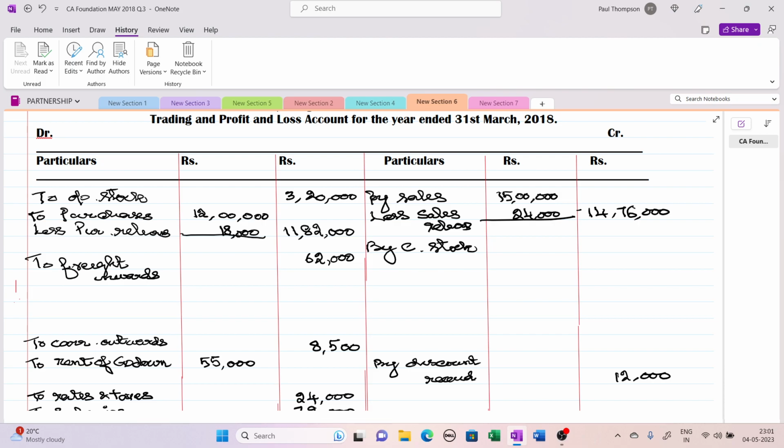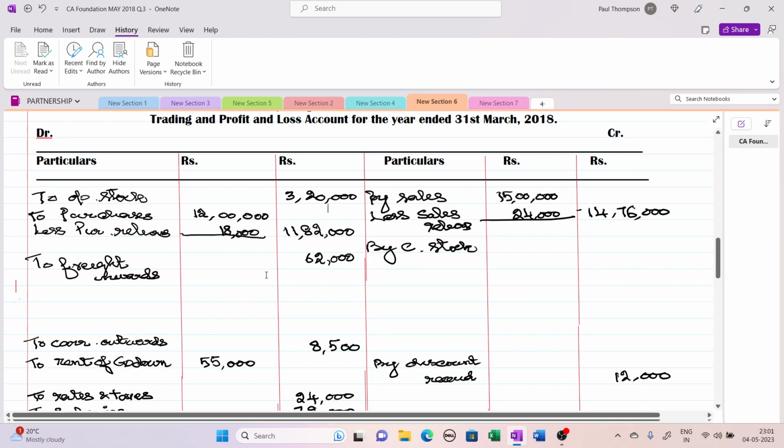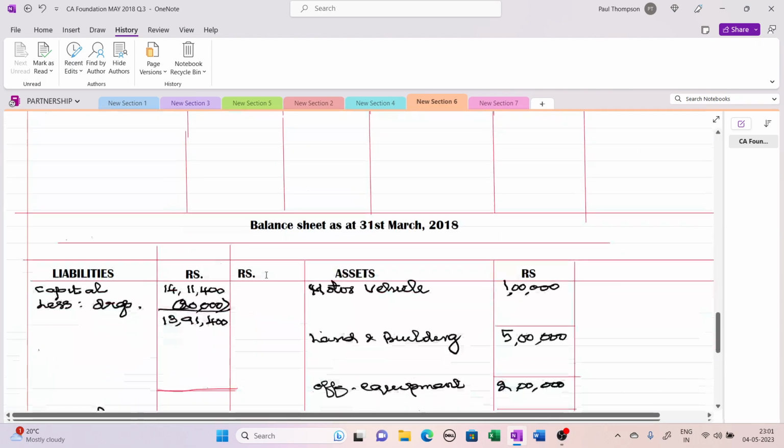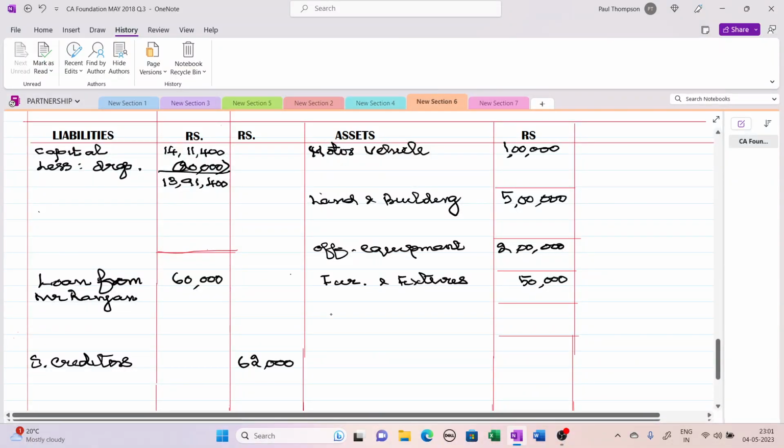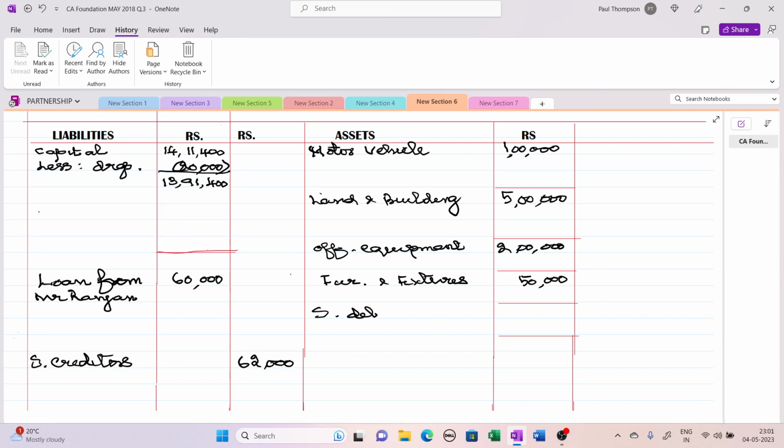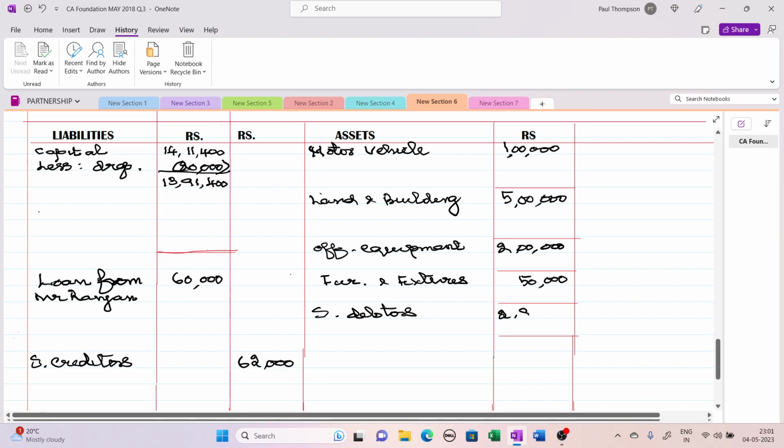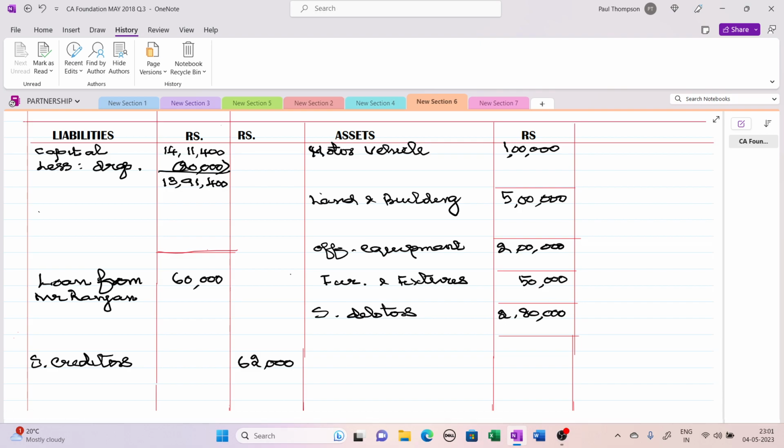Next item is sundry debtors. This has to be written in the balance sheet. Sundry debtors, because we have to make a provision for doubtful debts, we have to write it in the inner column, 2,80,000. Next item is cash at bank and cash in hand.